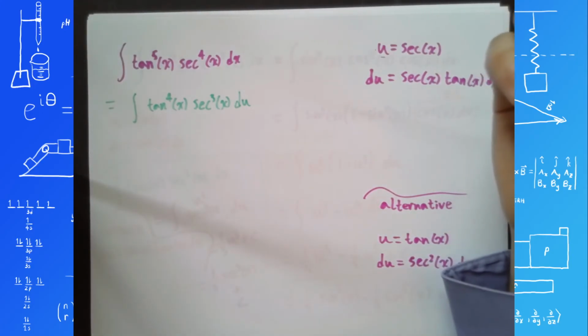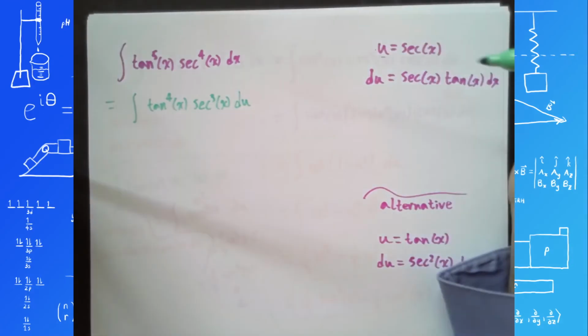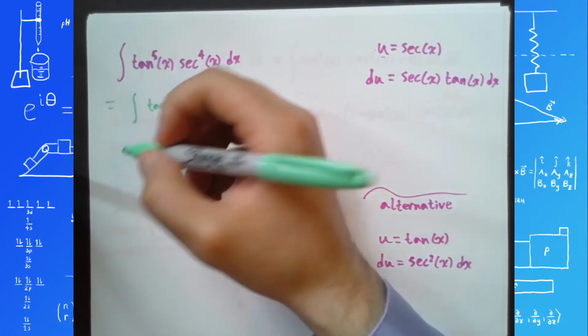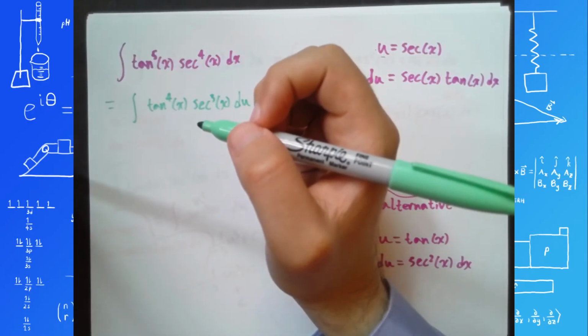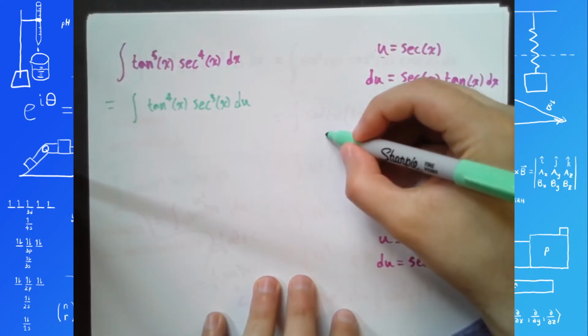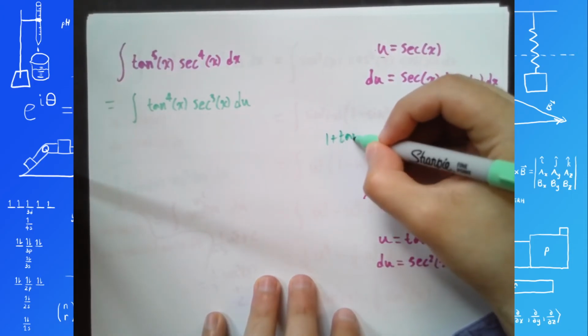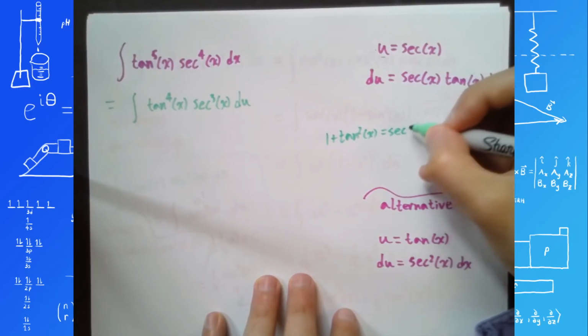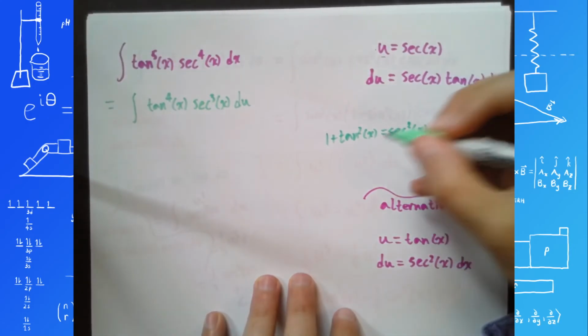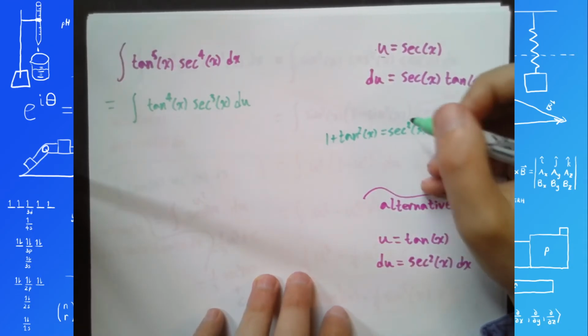And we can rewrite our secant cubed as u cubed. As for tangent to the fourth, that would be secant squared minus 1 squared, right? It's 1 plus tangent squared of x equals secant squared. Therefore, tangent squared is secant squared minus 1.